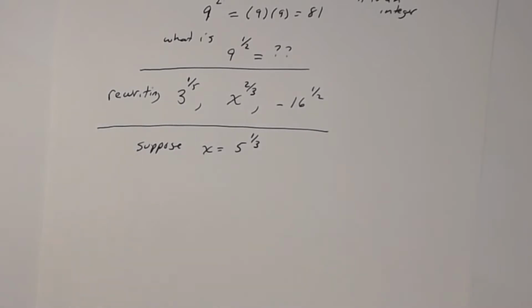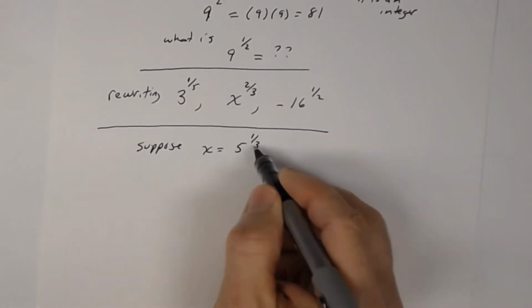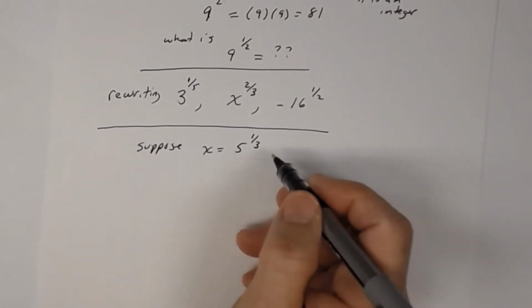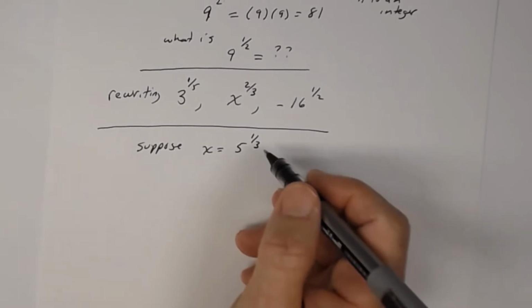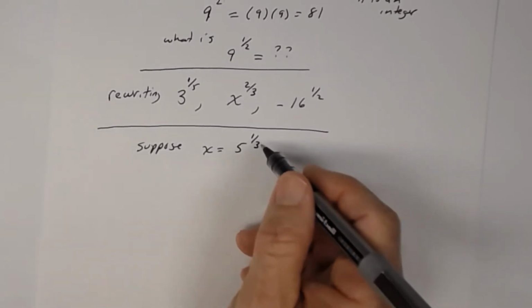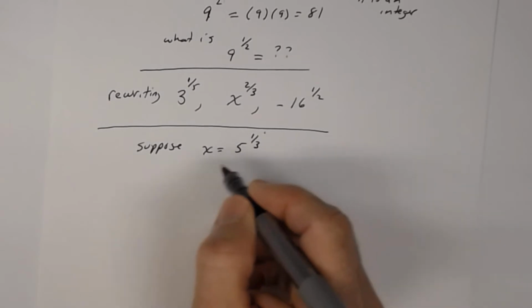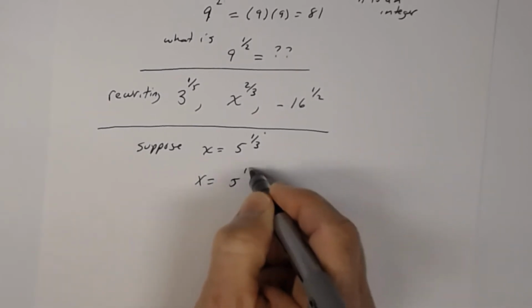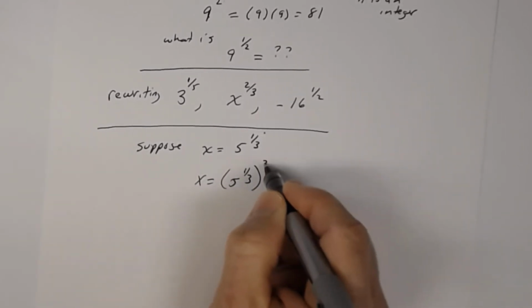And what I'm going to do with this equation, and you have to listen carefully to this, since this denominator is a 3, I'm going to use 3 in my words. So since this denominator is a 3, I'm going to rewrite this over, and I'm going to raise both sides to the 3rd power.